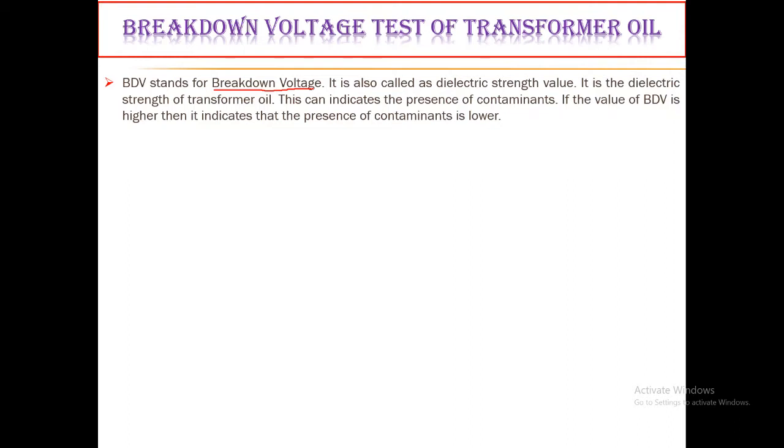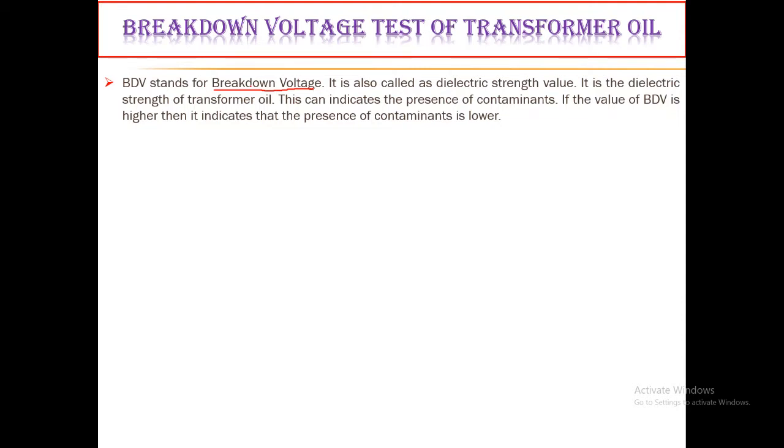In other words, I can call it a spark over voltage if I am considering the insulator surface where flashover is arising. It is also a sort of breakdown voltage, but in that case the breakdown appears over its surface.